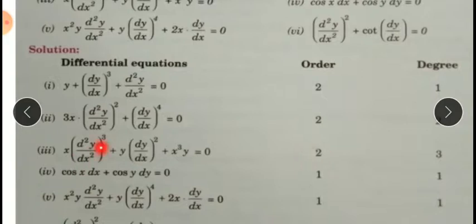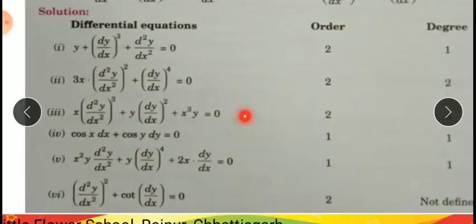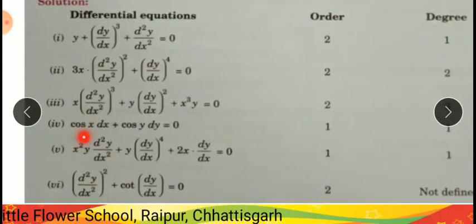What is its highest power? 3. Degree is 3. Now cos x dx plus cos y dy is equal to 0. Here we can write cos y dy by dx is equal to minus cos x. It means order is 1 and highest power is also 1. Order is 1, degree is 1.